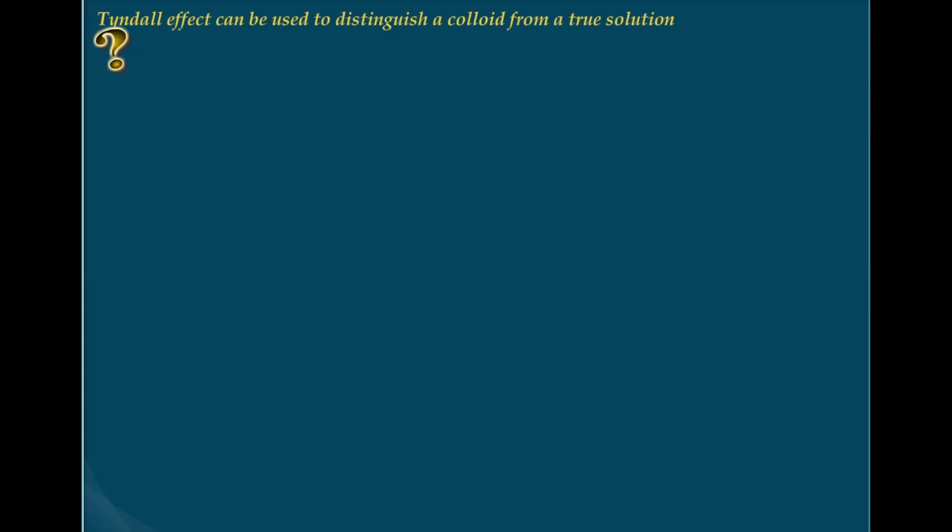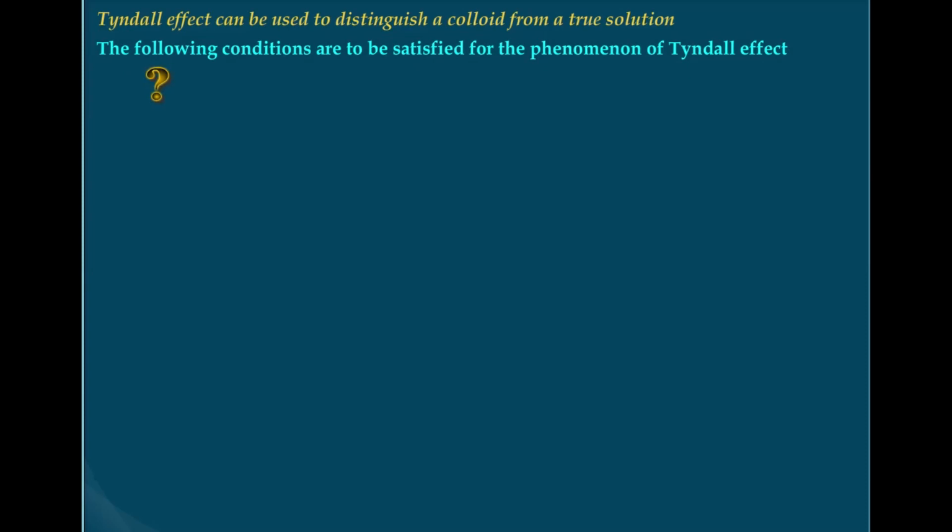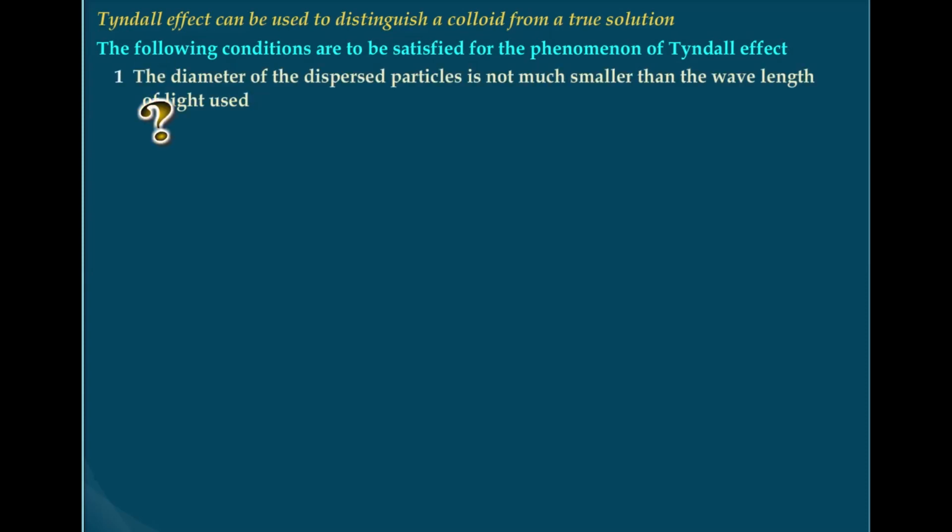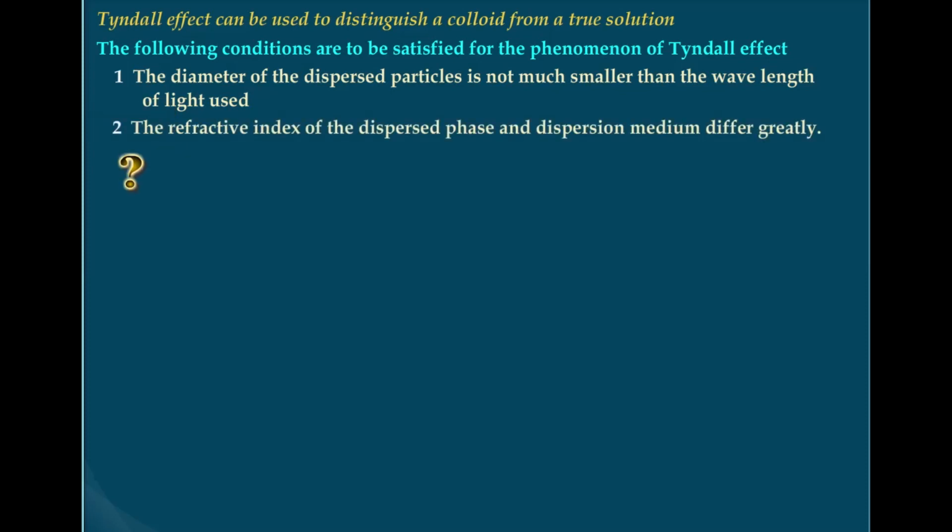Tyndall effect can be used to distinguish a colloid from a true solution. True solutions do not show Tyndall effect, while colloids show Tyndall effect. The following conditions are to be satisfied for the phenomenon of Tyndall effect. If a substance or a solution shows Tyndall effect, the 2 points that should be satisfied are: the first one, the diameter of the dispersed particles is not much smaller than the wavelength of light used.